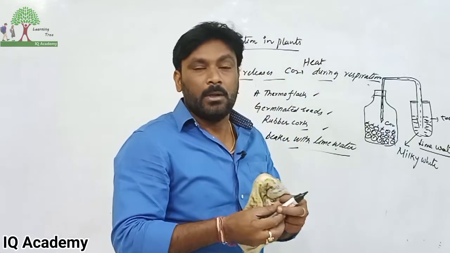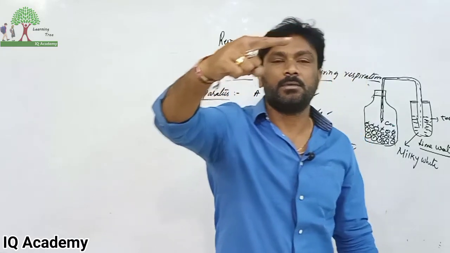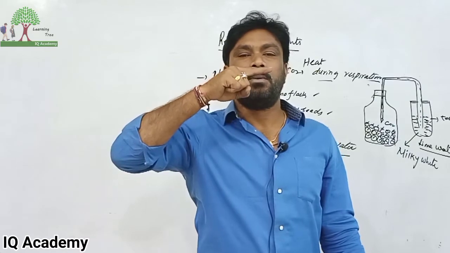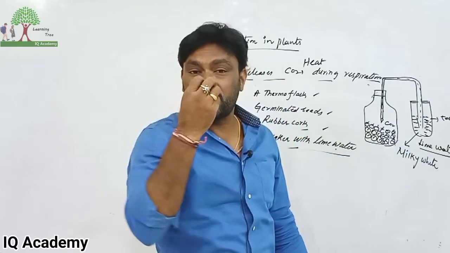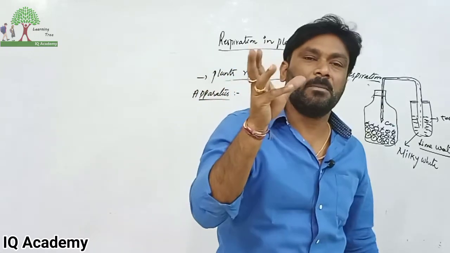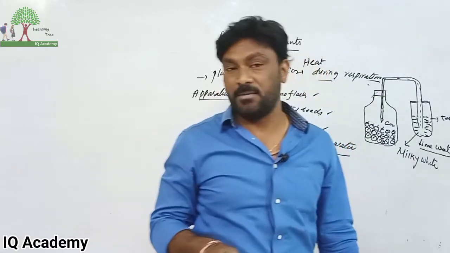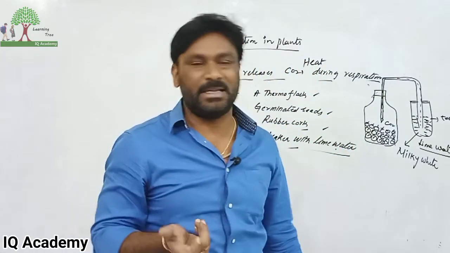For example, take a long breath and release the air from the nose. The air which comes from the nose will be warm compared to the air which is taken inside. So we are releasing energy in the form of heat.